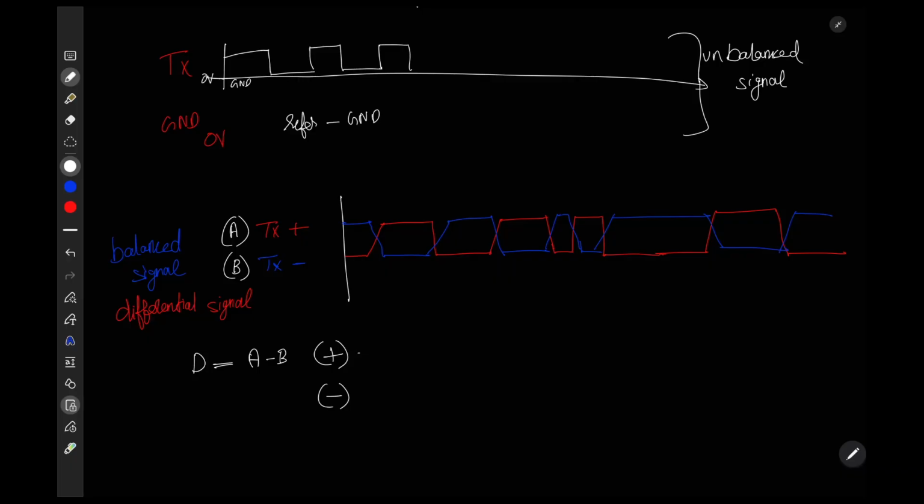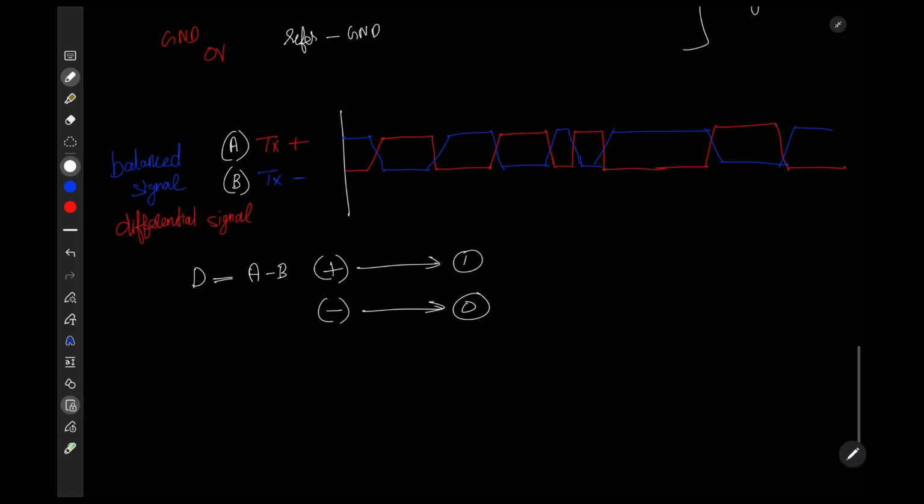A positive value is represented by 1 and a negative value is represented by 0. The first advantage is that you are not using a ground reference. The second is that you're using two wires, that is, a twisted pair, for sending data.